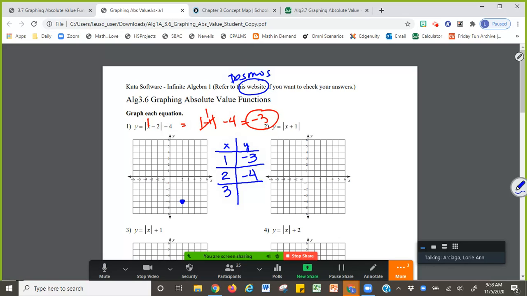Next, use 3. So watch again. If I use 3, 3 minus 2 is 1. So the absolute value of 1 is 1. And then I subtract 4. What do I get? I get -3.